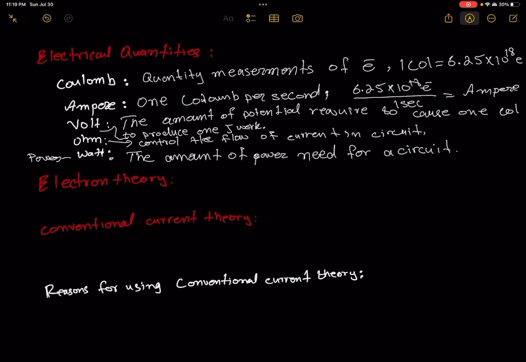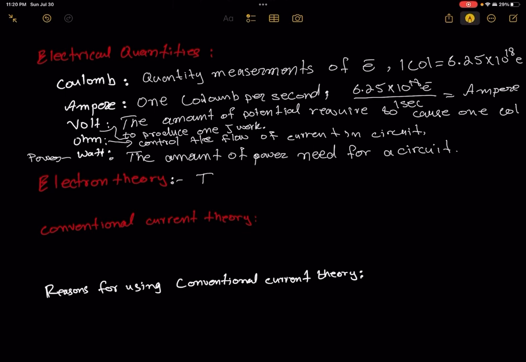We probably have to come back to these things in detail. Now let's move on to electron theory. Electron theory says that the current flows from the most negative to the most positive.